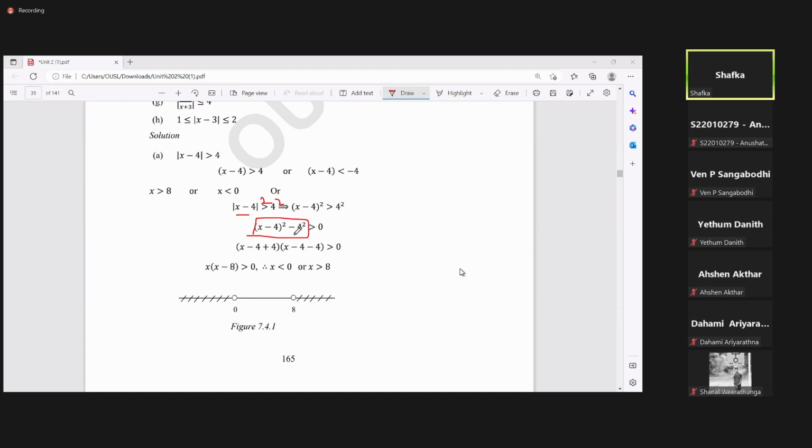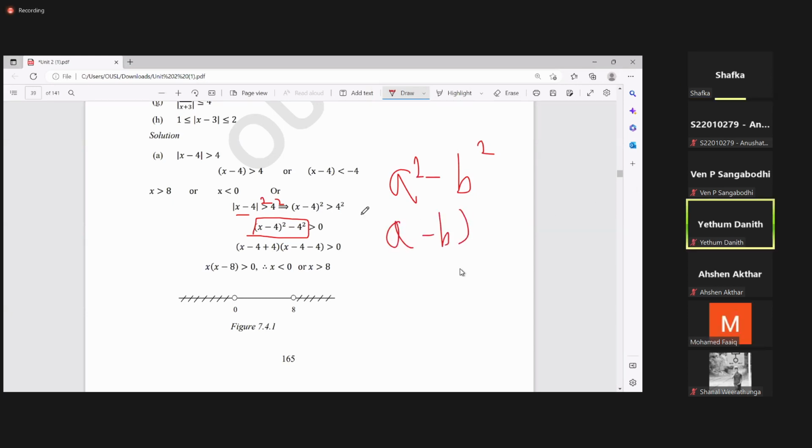These are the difference of two squares. Can we apply that to get the factors? Difference of two squares: how to get the factors for that? A minus B and A plus B.